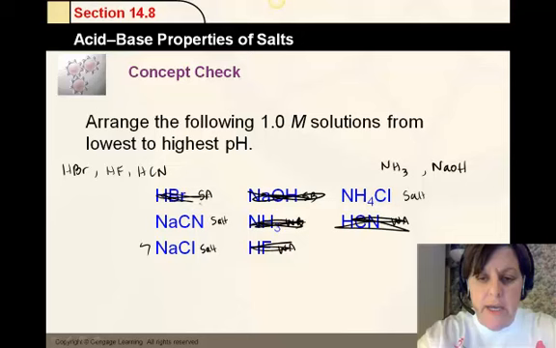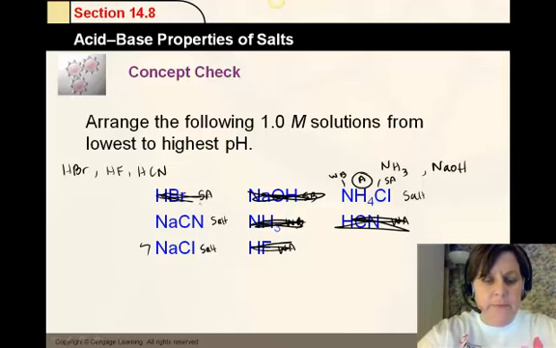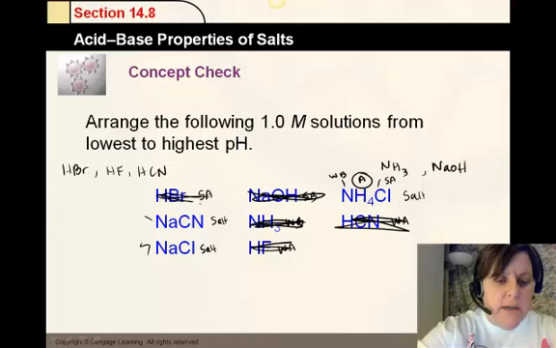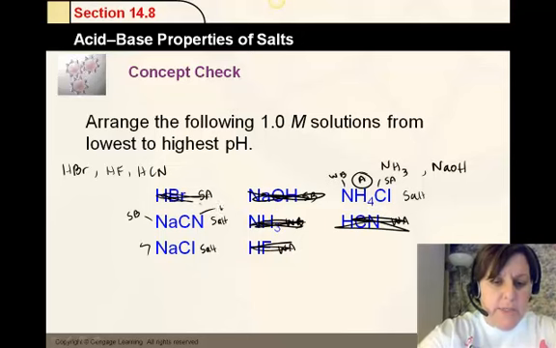Well, NH4Cl comes from NH4OH, which is a weak base, and this comes from a strong acid. So this thing is acidic. NaCN comes from NaOH, which is a strong base, and HCN, which is a weak acid. So this is basic.